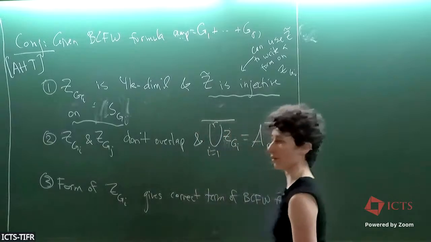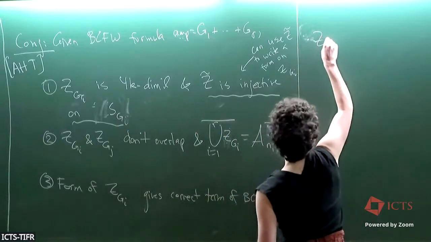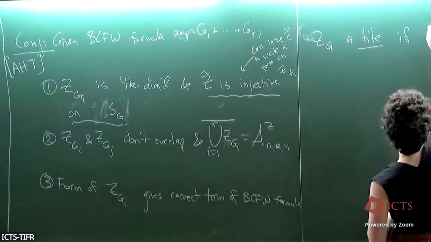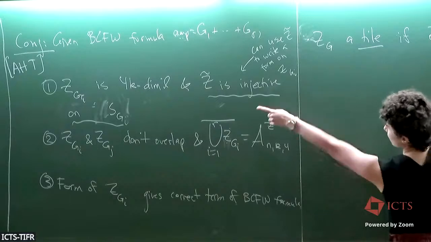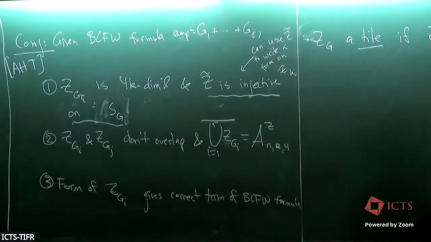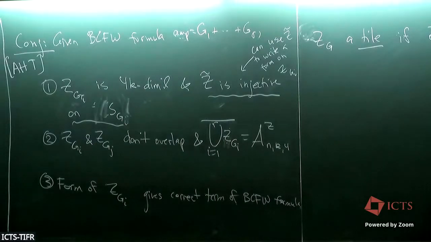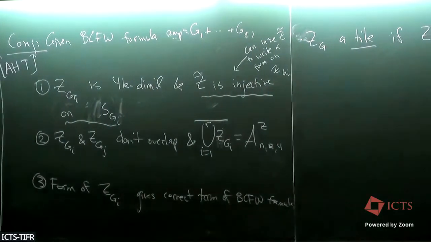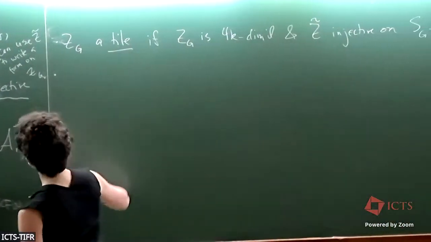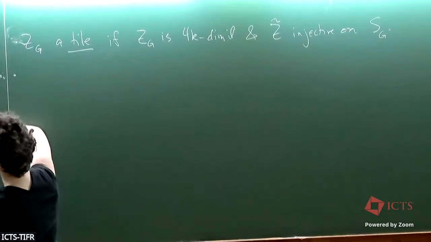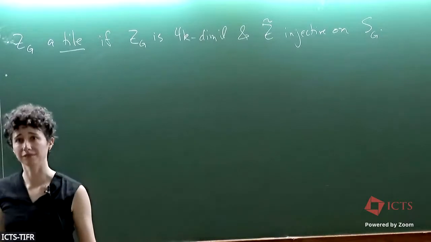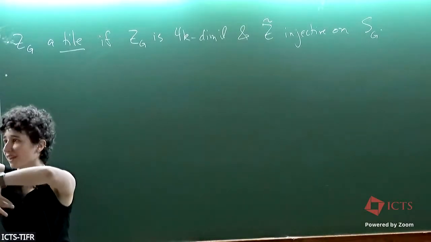Those are the ones I care about particularly. Okay, so I'm going to call ZG a tile if the first bullet point holds. So it's 4K dimensional and Z tilde is injective on the cell SG. And then a collection of tiles that don't overlap and cover the amplituhedron, I'm going to call a tiling. I'm fitting together the tiles so that they cover the whole space.